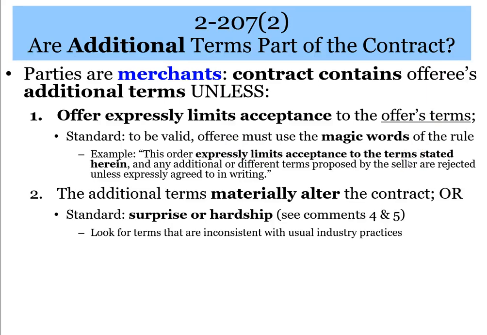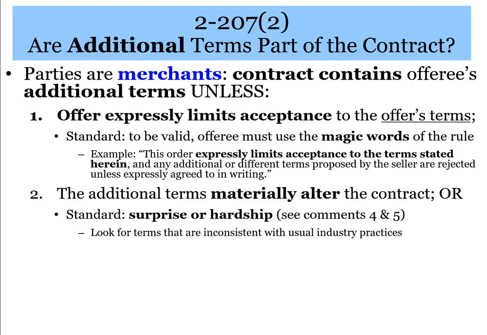The second way in which an additional term will be dropped out of the contract is when it materially alters the contract. The standard for material alteration is surprise or hardship.